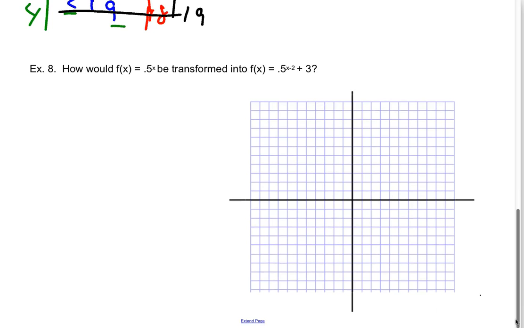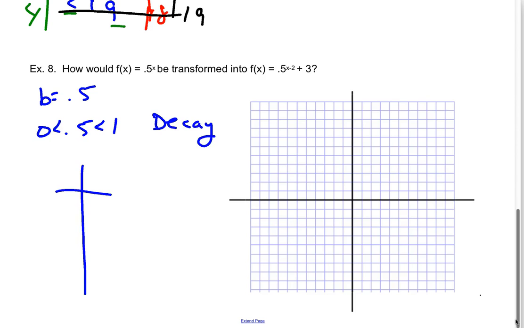Second one. This one, b is 0.5, and 0.5 is between 0 and 1, so that's decay. I'm going to do the same thing. I'm going to graph y equals 0.5 to the x. So I'm going to plug in -2, -1, 0, 1, 2.